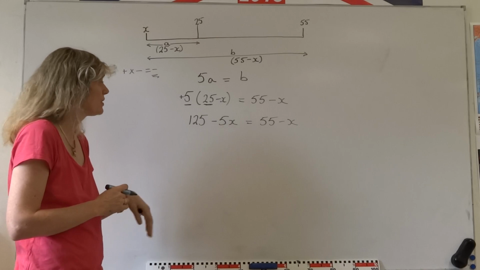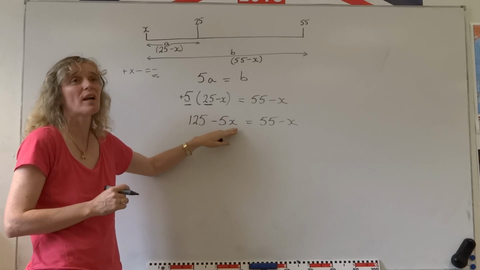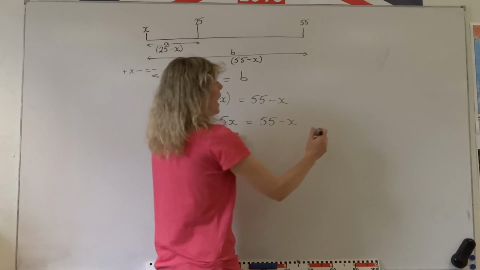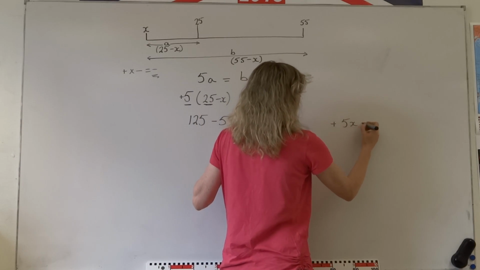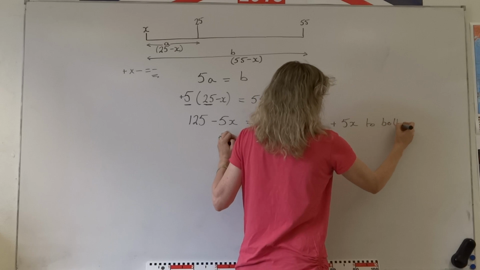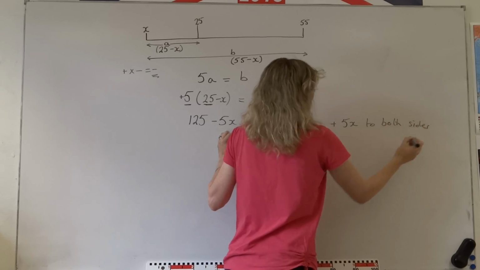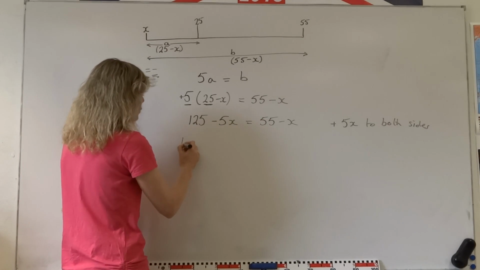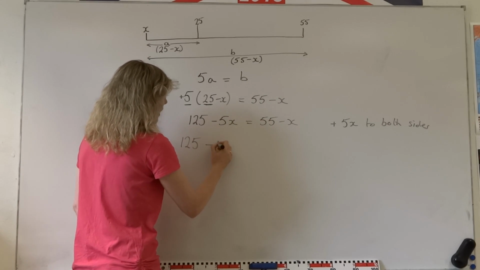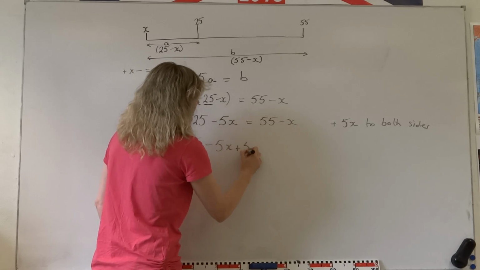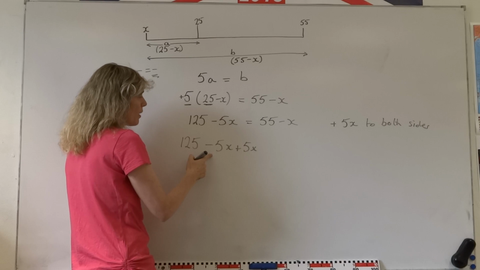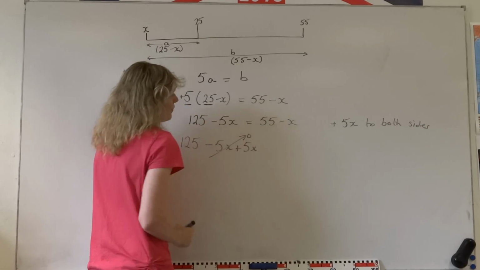But the smart thing to do now is, because I don't want to work everything in minus x's, it's much smarter for me to add 5x to both sides. It means I'm not going to have to work in negative x's. So if I do that one step, 125 minus 5x plus 5x, I get the 0 that I'm looking for here. 5x minus 5x gives me 0.